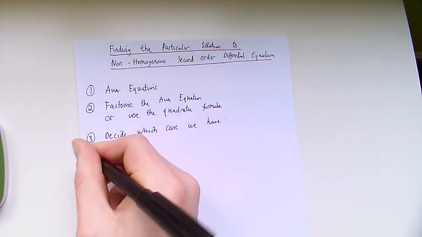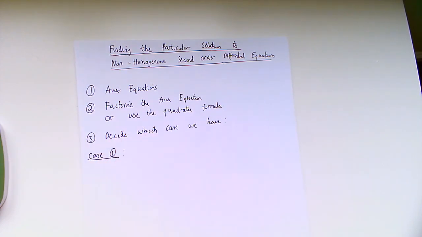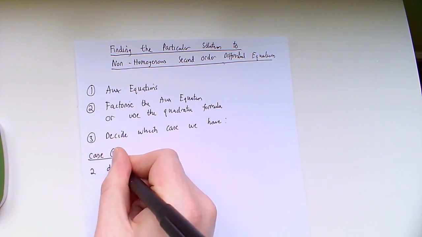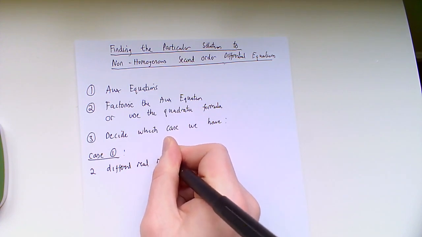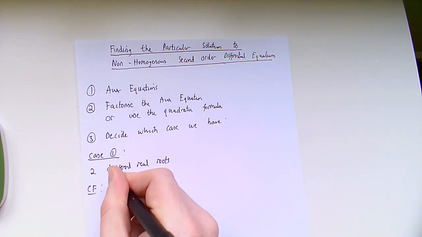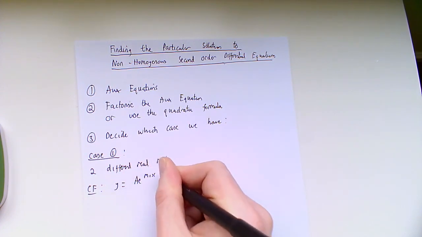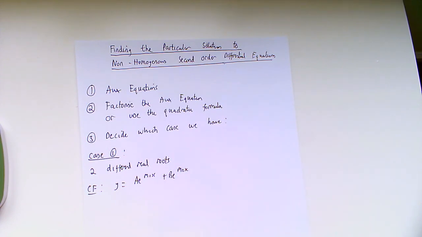Okay, remember case 1. If we factorise it and we've got 2 different real roots, then our complementary function is y equals ae to the power of m1x plus be to the power of m2x. Okay.